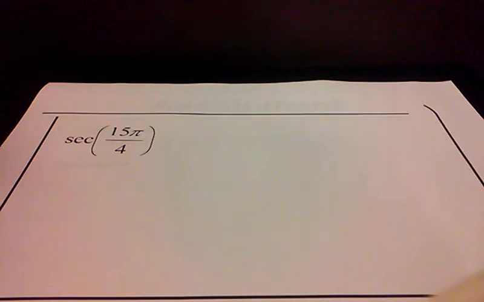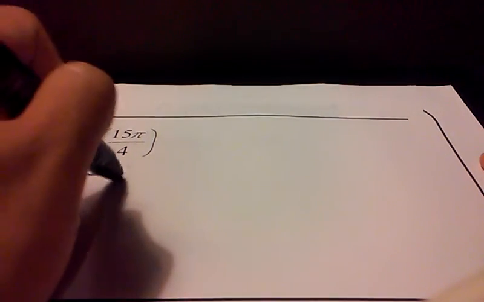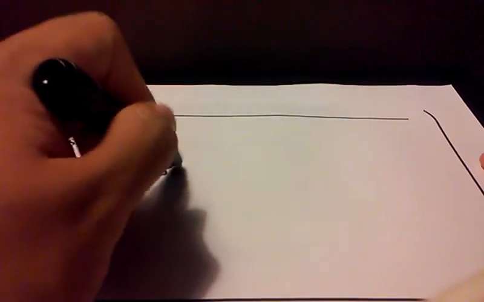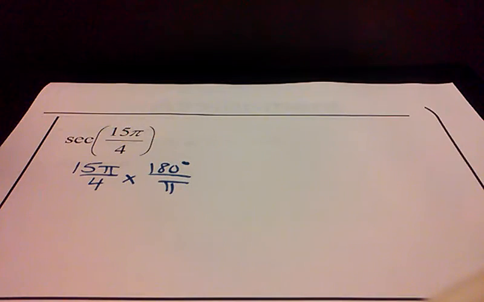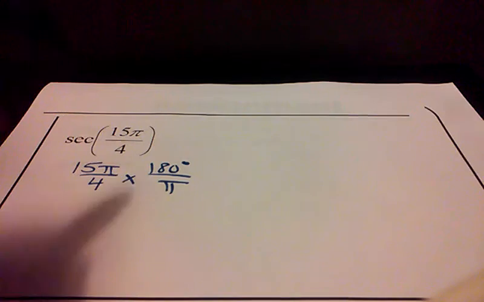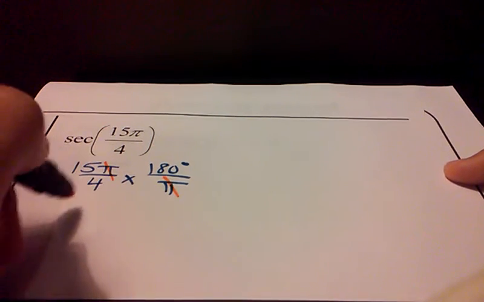What about secant of 15 pi over 4? Again, that's in radians, so the first thing I'm going to do is convert 15 pi over 4 into degrees, so I'm going to multiply by 180 over pi. The pi's are going to cross out, and then 4 will go into 180. I'm not even going to try to do this in my head, I'm just going to reduce this.